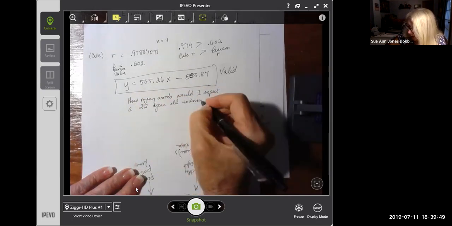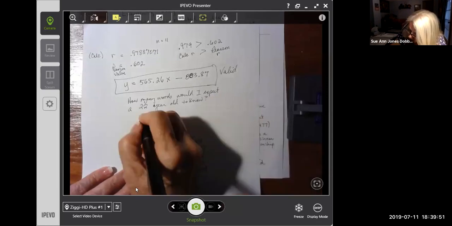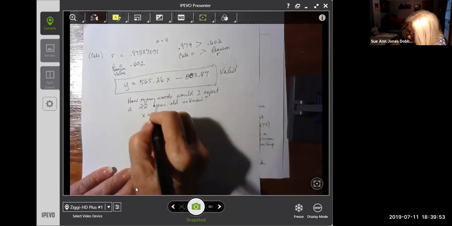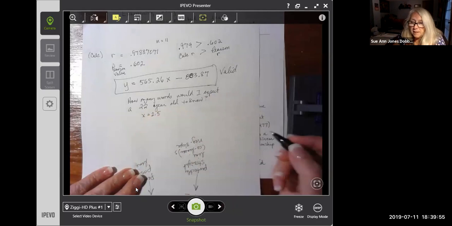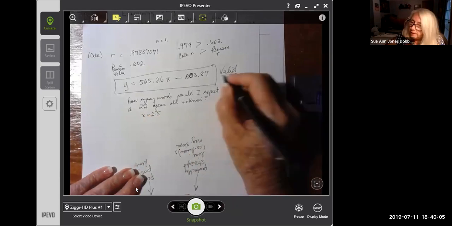Now, what I've done is I've given a specific value to age, X, of 2.5. That is within the range of the values from the original data, so I can make this prediction because my linear model is also considered valid.